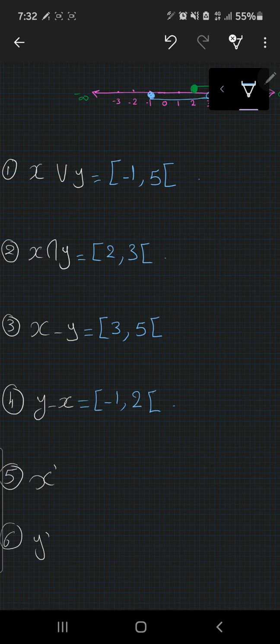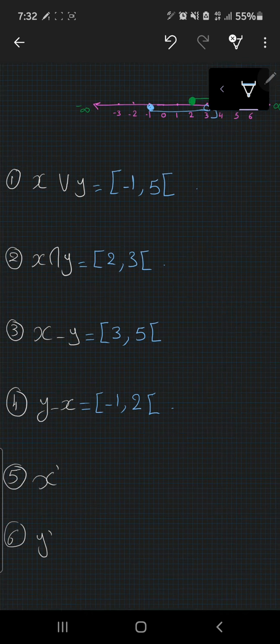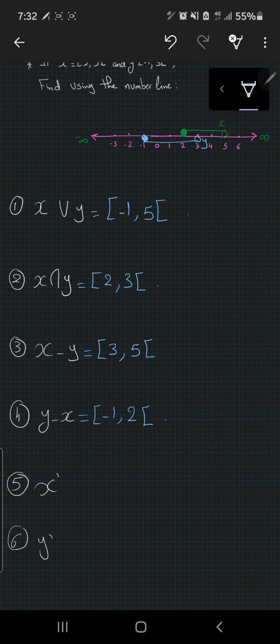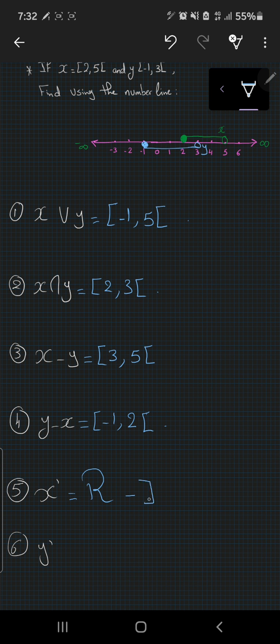What's the meaning of x complement? x complement is all the real numbers except the elements which are in x. The element in x is 2 closed and 5 open. Or another solution, from negative infinity to 2 open and from 5 closed to infinity. Here closed we make it open, here open we make it closed.